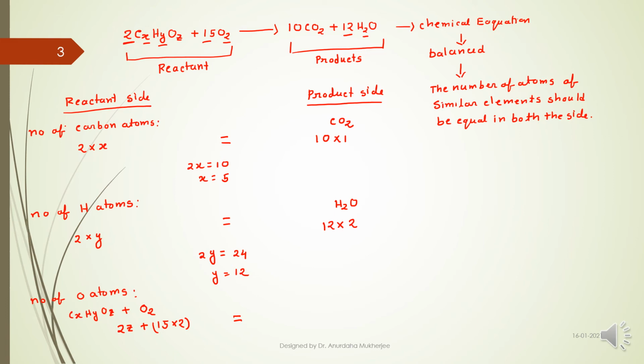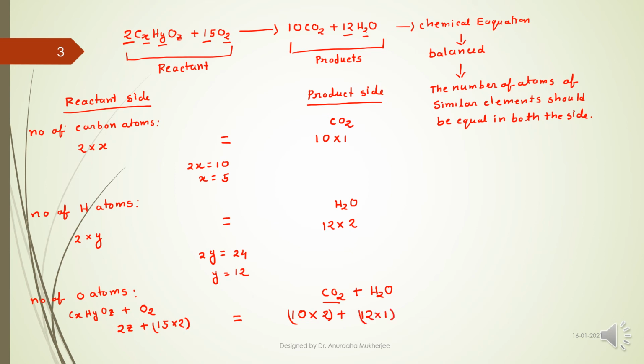In the product side, oxygen is present in two different molecules, carbon dioxide and water. We multiply the coefficient 10 with the subscript 2 for carbon dioxide, and for water the coefficient is 12 and the subscript is 1.